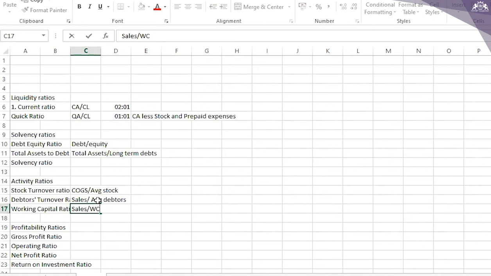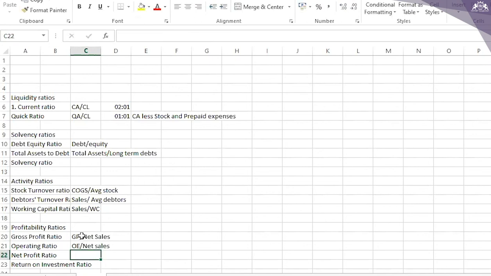Gross profit ratio, your GP to sales. Your gross profit to net sales. Operating ratio, your operating expenses to net sales.